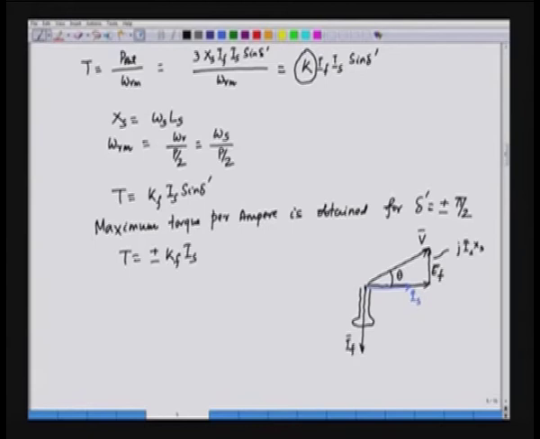So, we can say here this results in unity internal power factor.